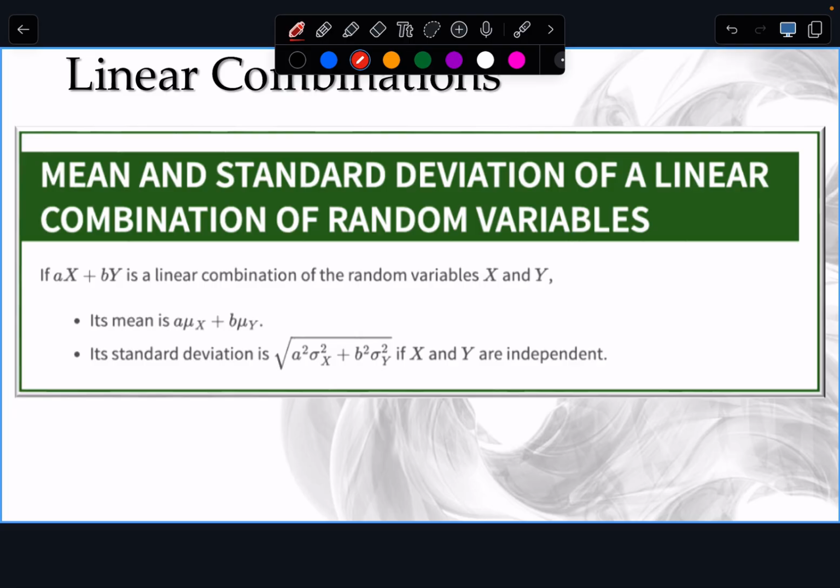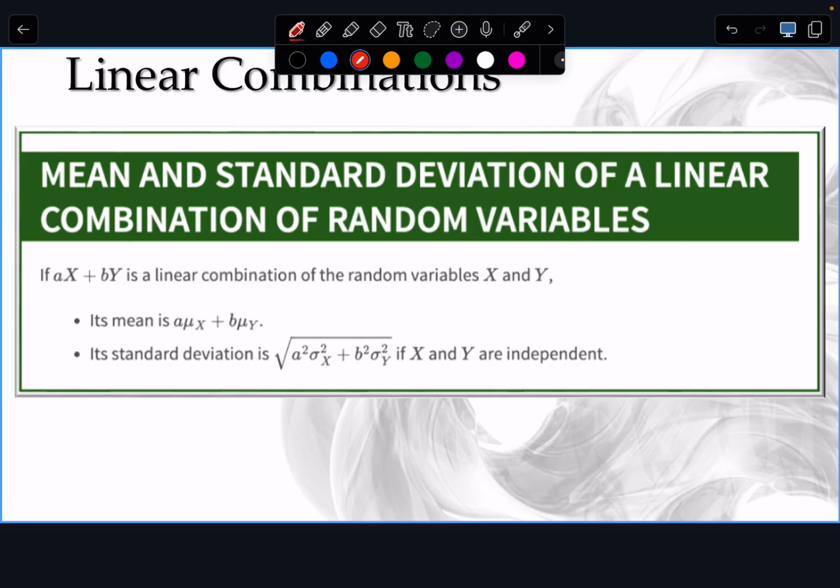But if I'm multiplying by a constant and then adding the variables together, the means are going to do exactly what you expect. You're going to multiply the mean of x, multiply the mean of y by their constants, and then add them together. But this is where that standard deviation gets a little trickier.